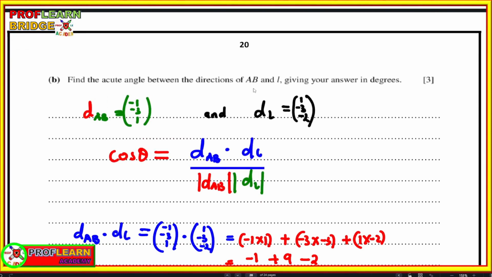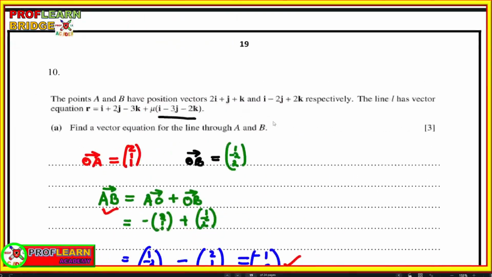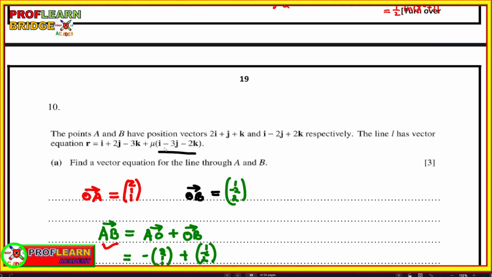Find the acute angle between the directions of AB and L. So the direction of AB, we're going to denote as direction AB, which is going to be negative 1, negative 3, 1. And the direction of L is gotten from this particular point. So this is 1, negative 3, negative 2 in column form.